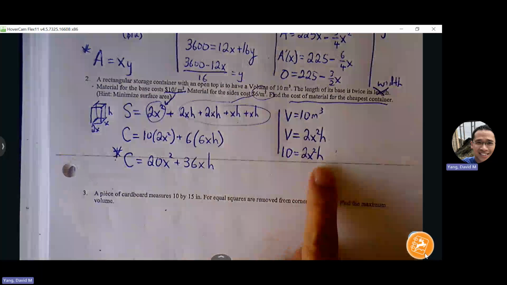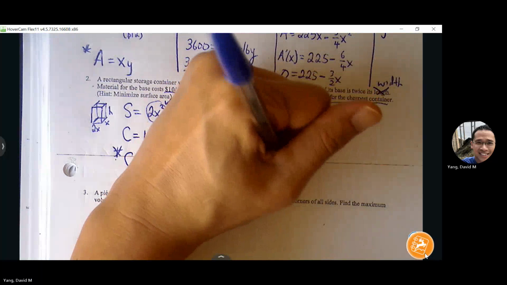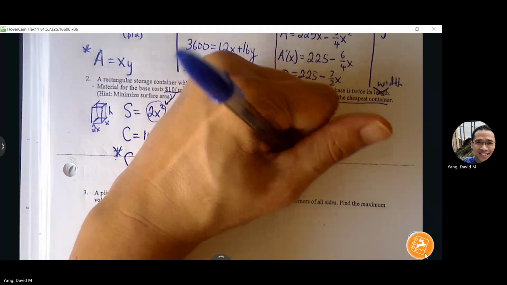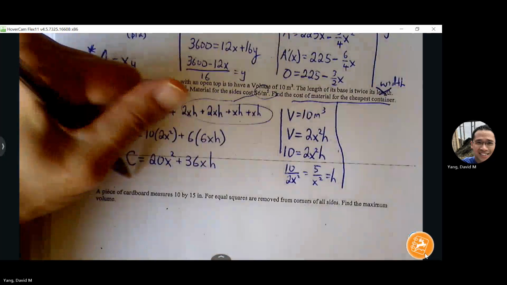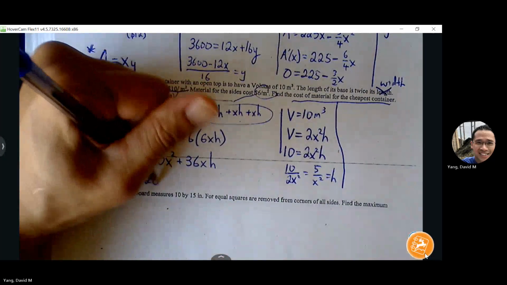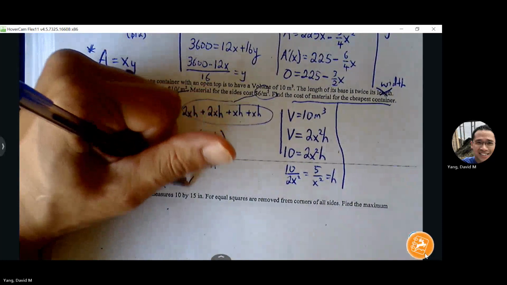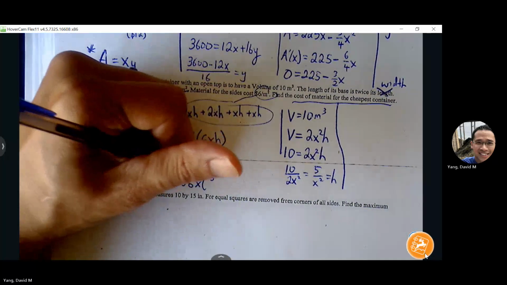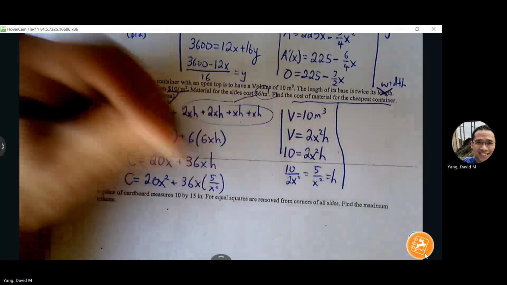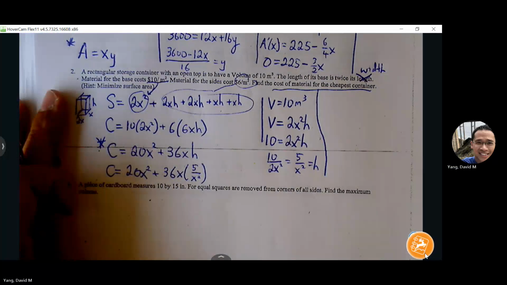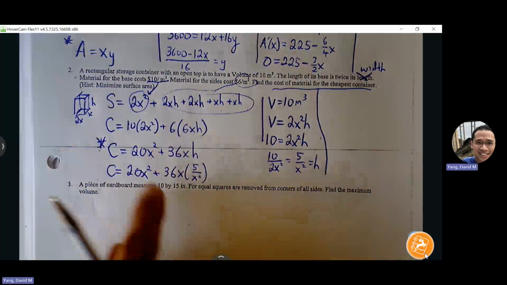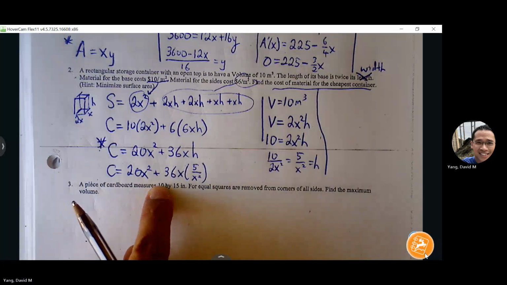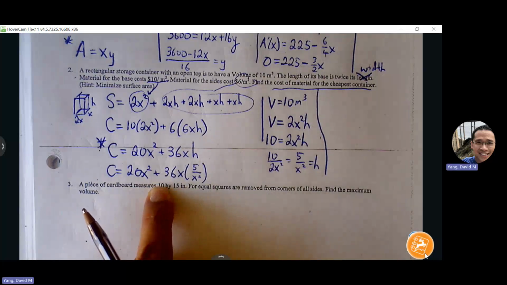H. Yeah, that h is by itself there. Okay, clean all this up, get it ready for power rule, find the derivative. Set c prime equal to 0 and solve for x.